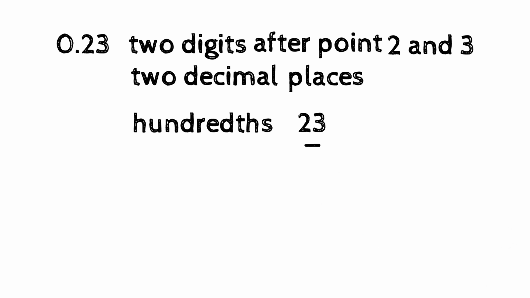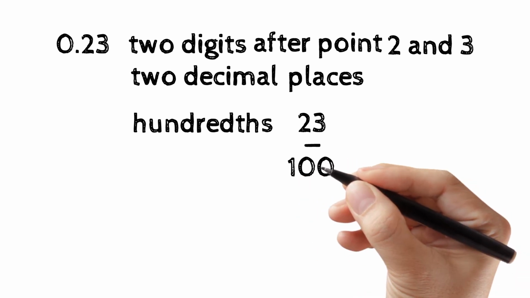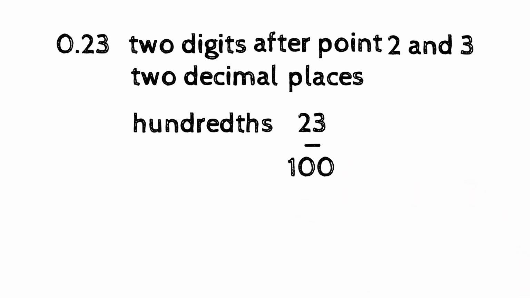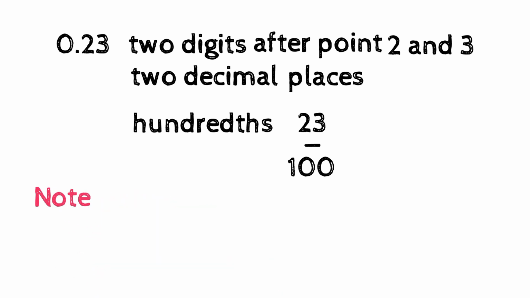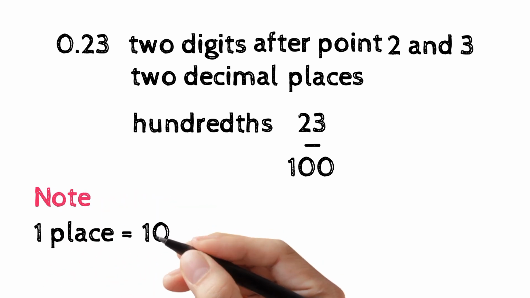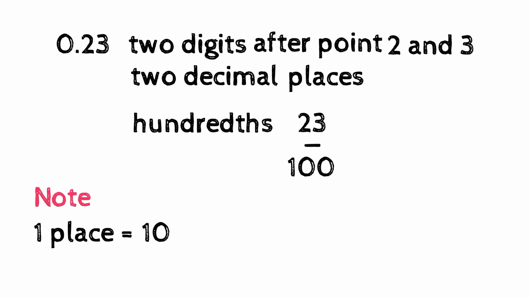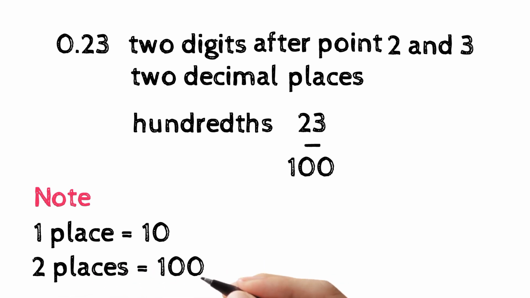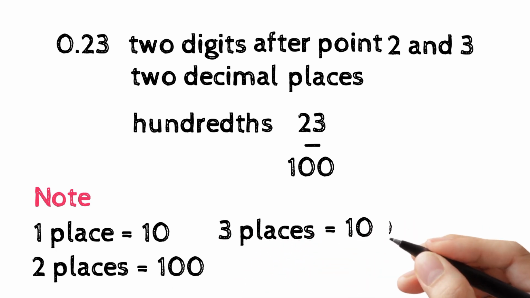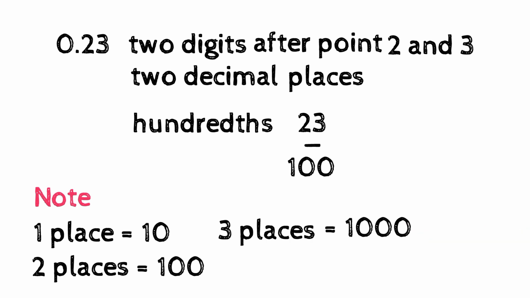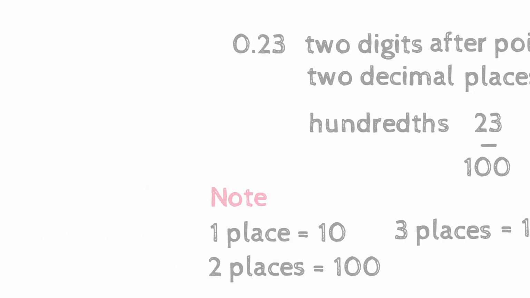You can write it as 23/100 because we have two decimal places after the decimal. Now there's something to note. If you have one decimal place, that means it is tenths, so it has a value of 10. If it is two decimal places, it has a value of 100. If it is three decimal places, it has a value of 1000.